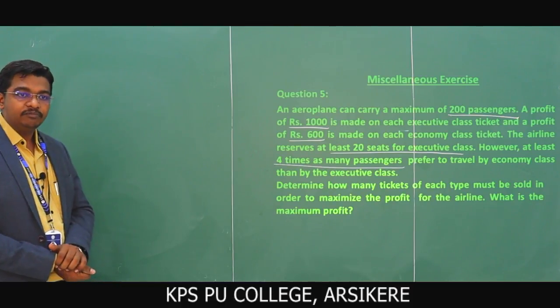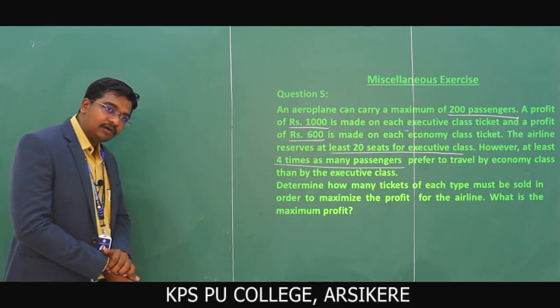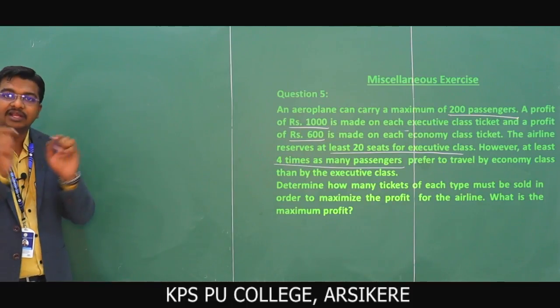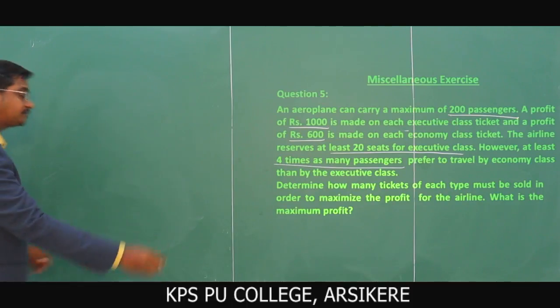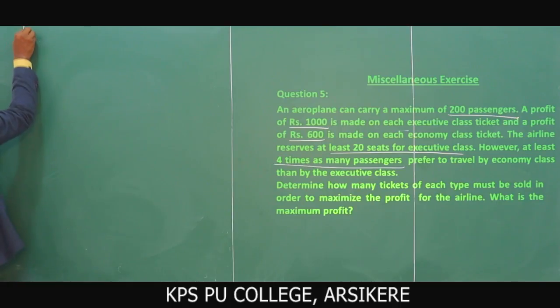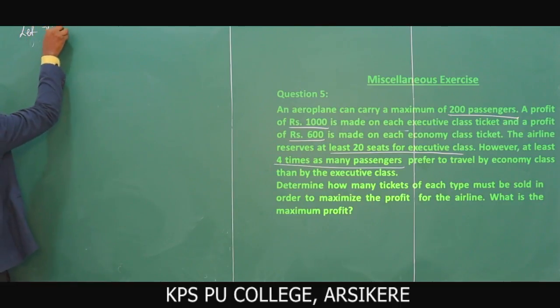What is the maximum profit? What is the first method here? First you have to take the decision variable.